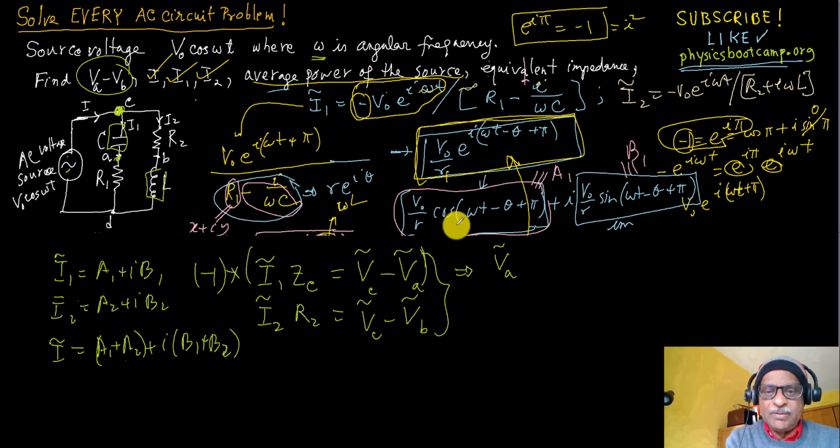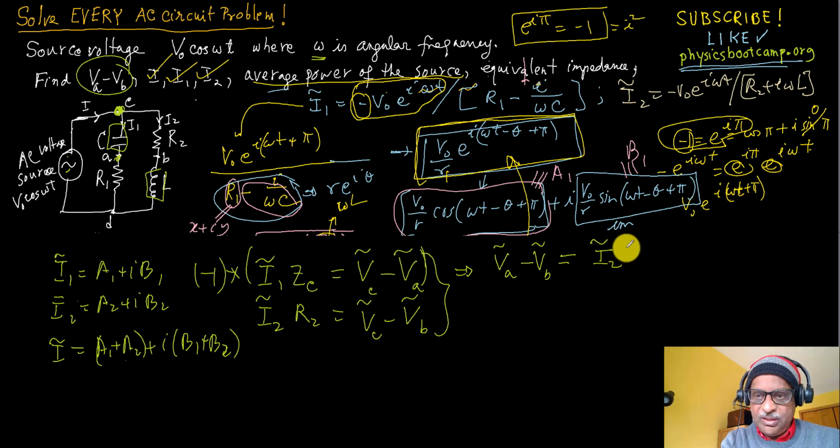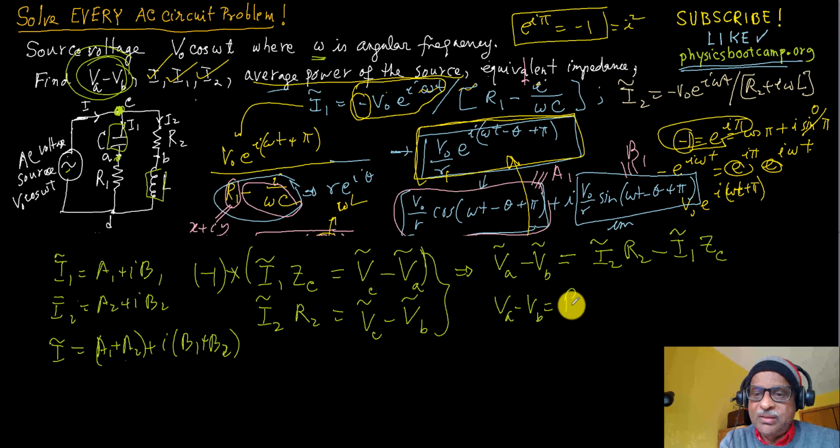And this one gives me minus VB tilde. So I'm getting a complex potential difference between the two, and so I'm going to get I2 tilde R2 minus I1 tilde ZC. So to answer this question, all I have to do is find the real part of it. So VA minus VB is just the real part of VA tilde minus VB tilde.